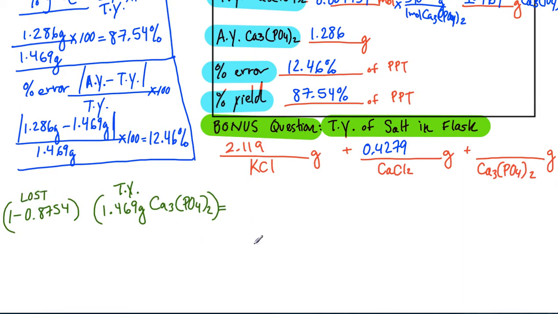So if you multiply that, 0.1246 times 1.469, what you get is 0.1830 grams of your calcium phosphate.